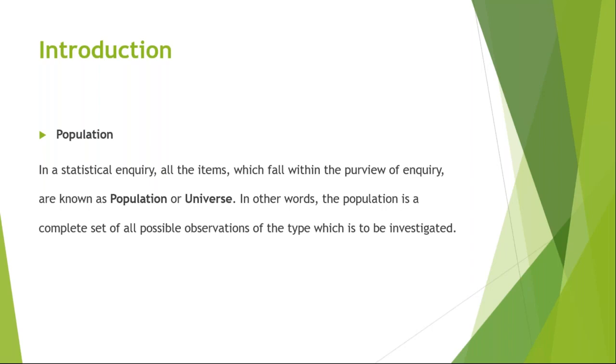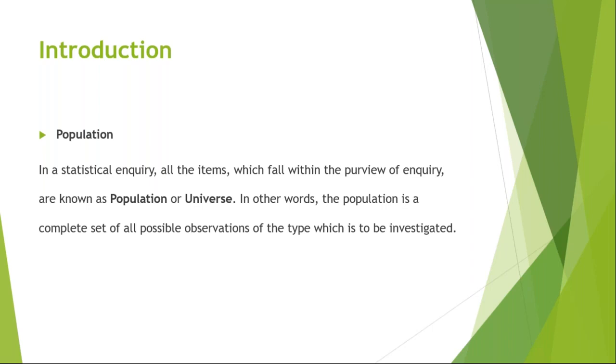The total number of students studying in a school is an example of population. Let's say, for example, there's something you want to carry out in the school: how many persons are offering chemistry? Your population, therefore, is the total number of students in that particular school studying chemistry.